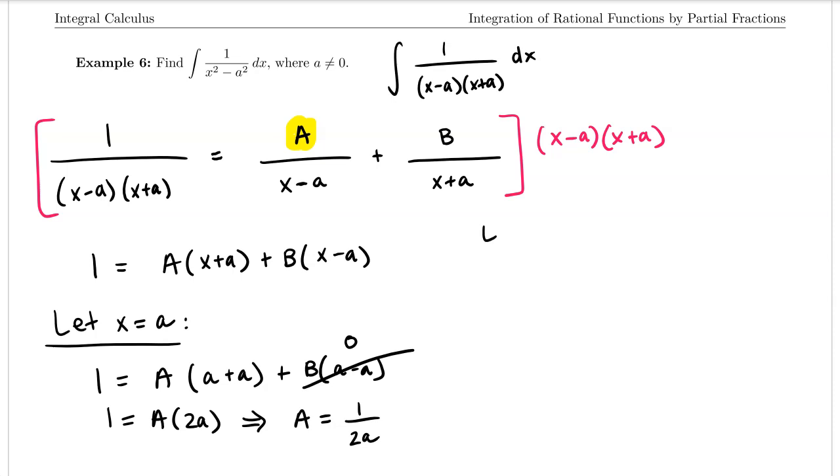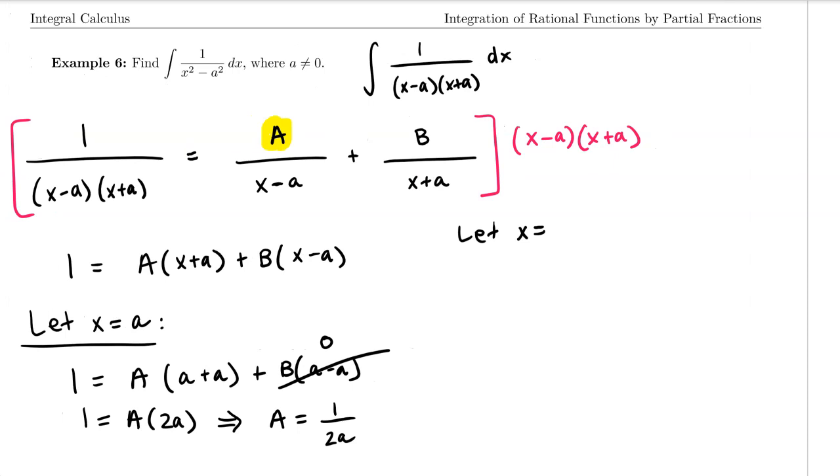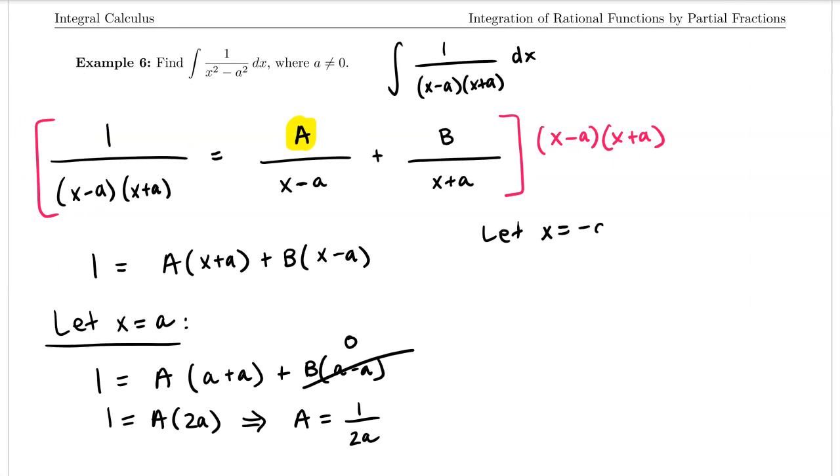Now I can also let x equal negative a. Then I get 1 equals capital A times negative a plus a, which goes to 0, plus B times negative a minus a.